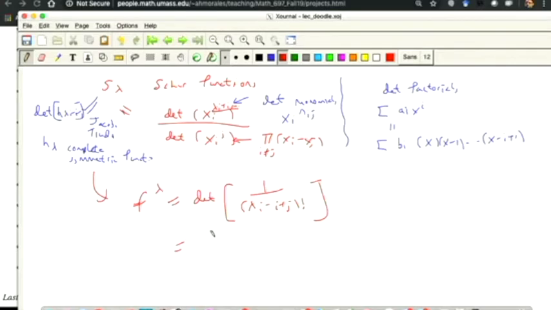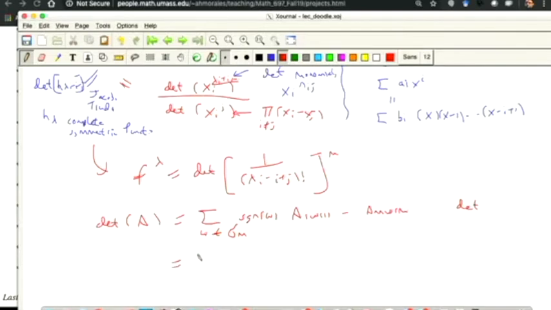If we have a determinant of a matrix of size m, we can write it as a sum over all permutations of size m of the sign of the permutation times a_{1,w(1)} through a_{m,w(m)}. That's one definition of the determinant.